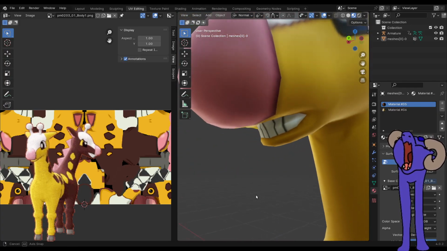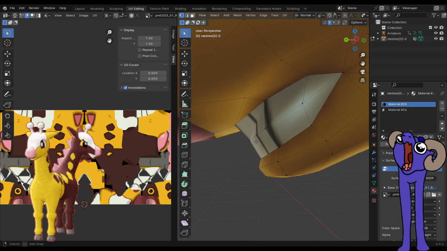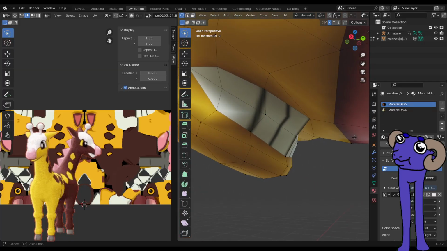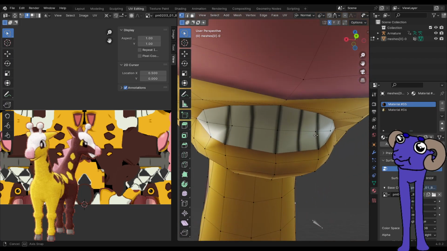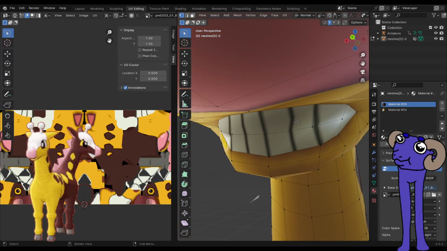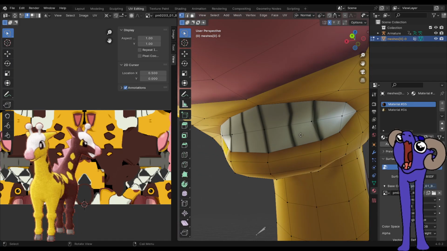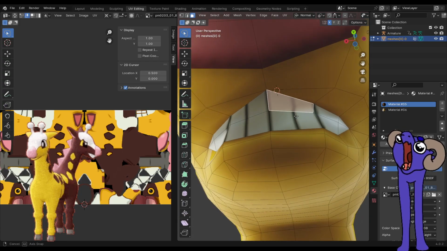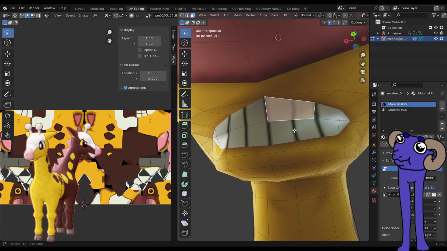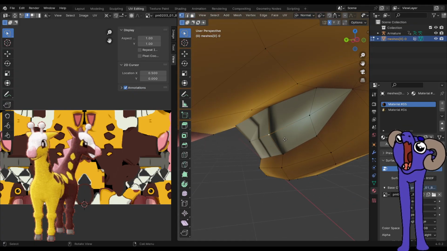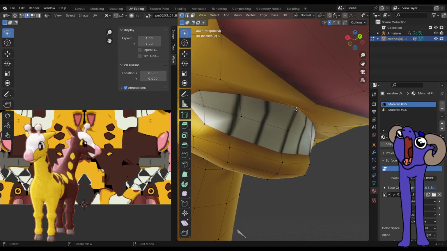I'm minimizing the stretching. Oh, it looks terrible. What's happening there? You know what that looks like? It looks like the triangles are being stupid. Because I think they're bending the wrong way, so I need these to bend that way. That's why it looks bad.